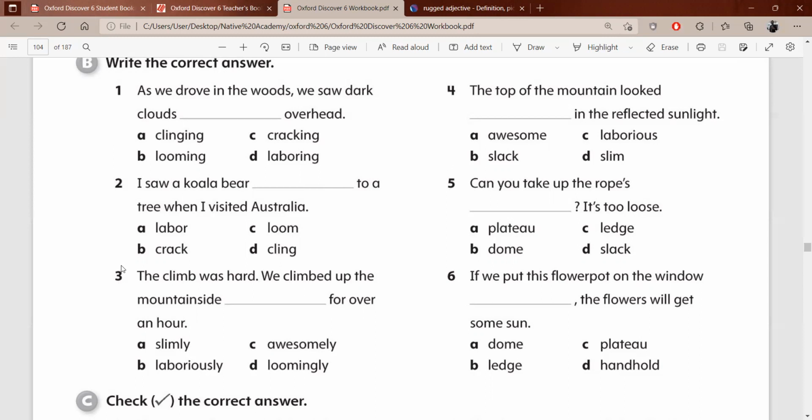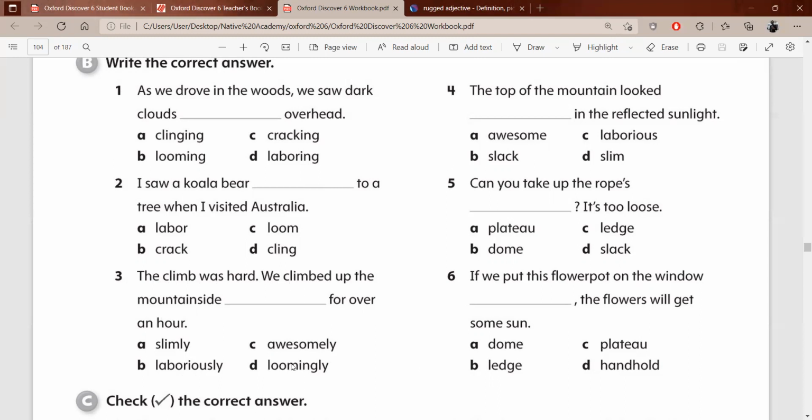Okay. Number 3, the climb was hard. We climbed up the mountainside laboriously for over an hour. Okay, laboriously. And what is the meaning?